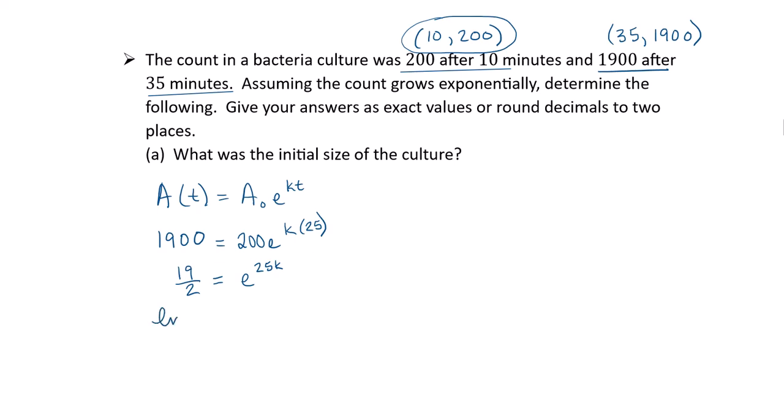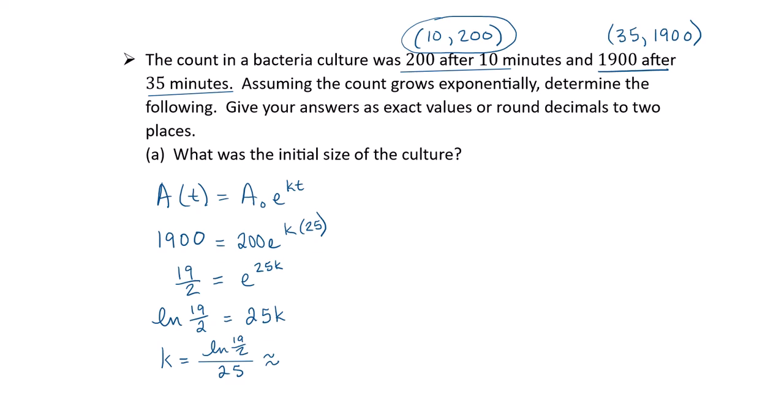Now I can change this to natural log form. This is the natural log of 19 halves equals 25k. Dividing both sides by 25, I'll have the natural log of 19 halves divided by 25.